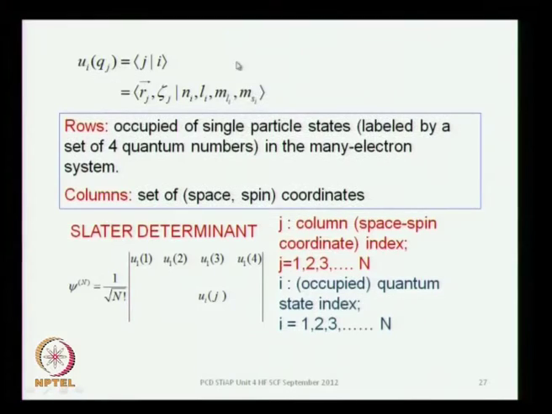So, it automatically takes into account the usual features of a many electron wave function, and you can easily extend this not just to 2 electrons, but to n electrons, and then you have got n rows and n columns and a normalization of 1 over root factorial n.